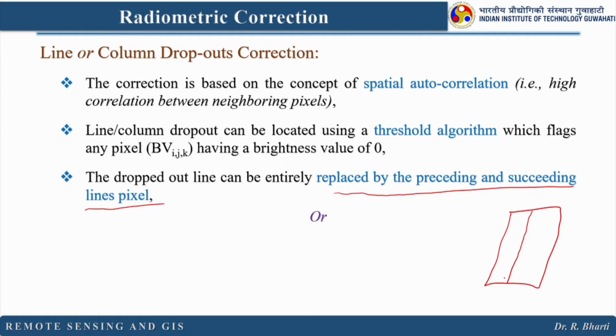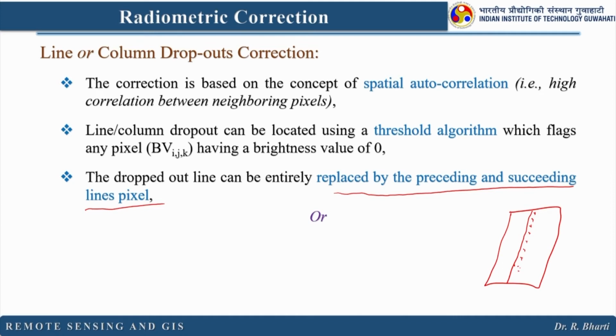Suppose this is your line or column dropout problem. You take the before or after pixels, and then you can simply put those values here. If this area is homogeneous, then it is fine, you replace with the next pixel value.